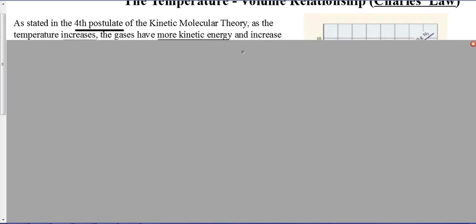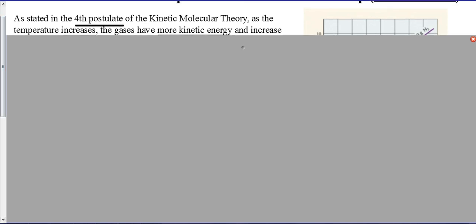So if you can recall, the fourth part of the kinetic molecular theory talks about how temperature, particularly heat energy, can excite the movement of the gas particles to the point where they start to have more kinetic energy, and therefore more movement and more collisions with more force.